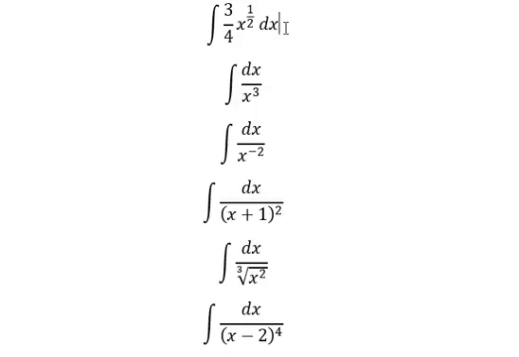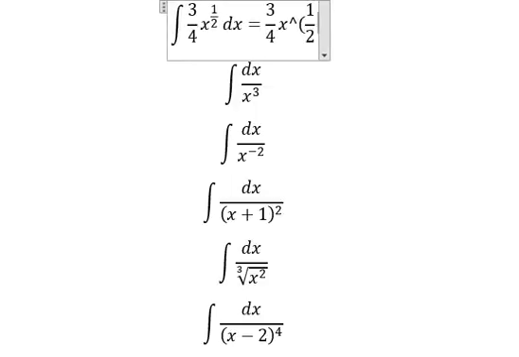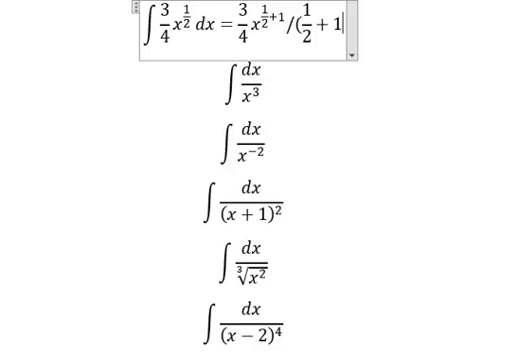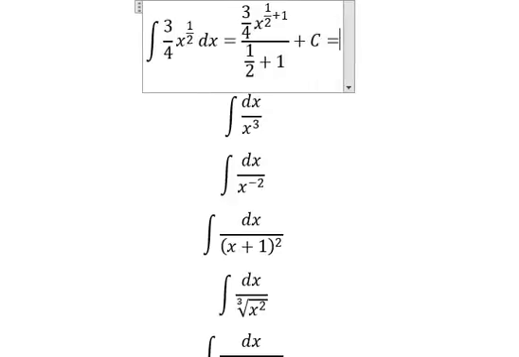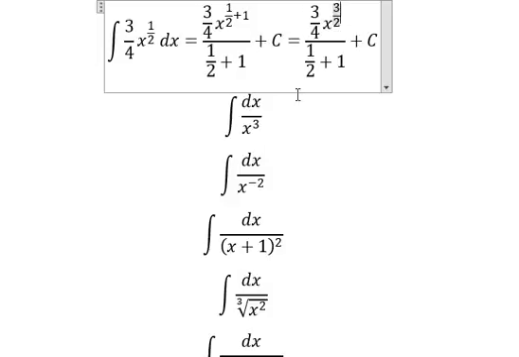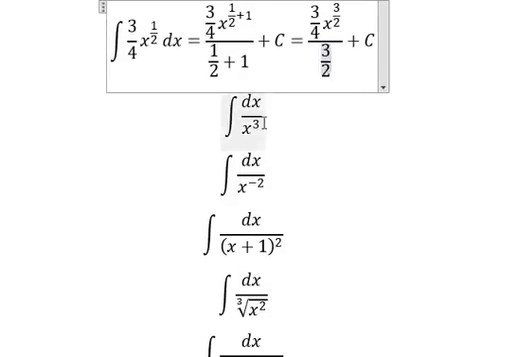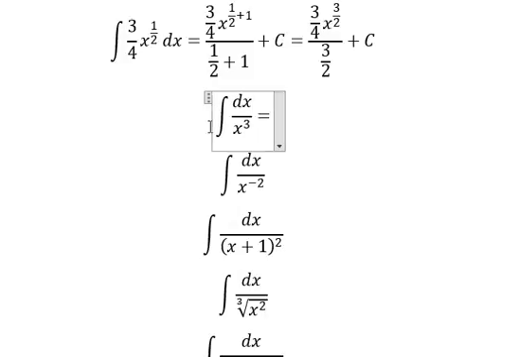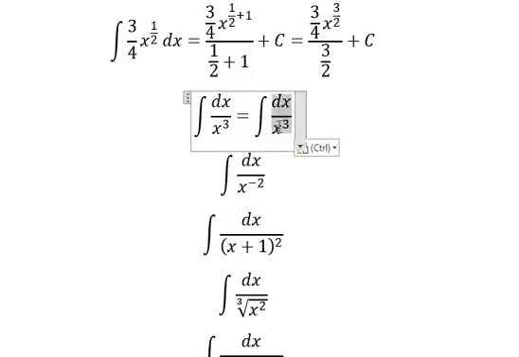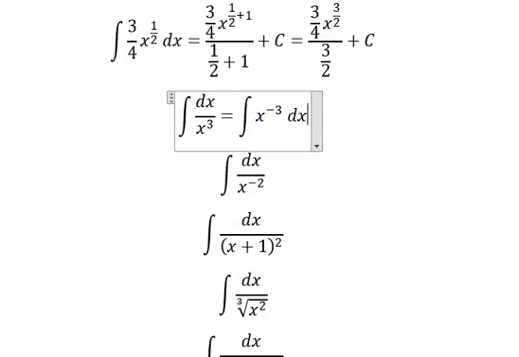The next one, we apply similarly. And this is the final answer. This one we have s to the power of negative 3 ds.